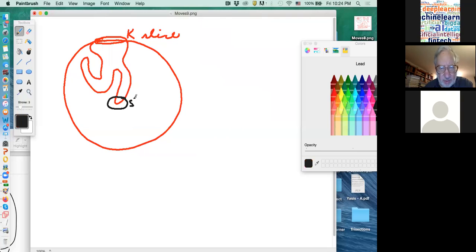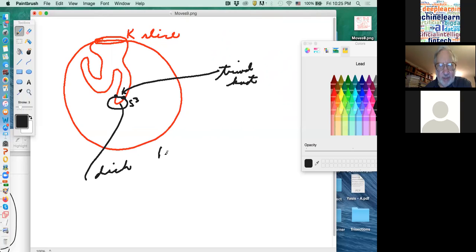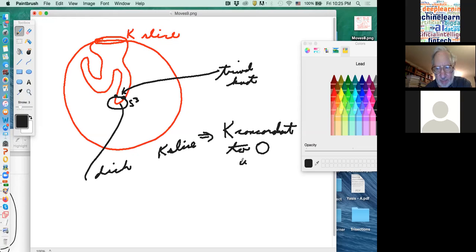So this is another S3, and this is a trivial knot. This is a disk. And you see that K slice implies that K is concordant to the unknot. If and only if. They mean the same thing.